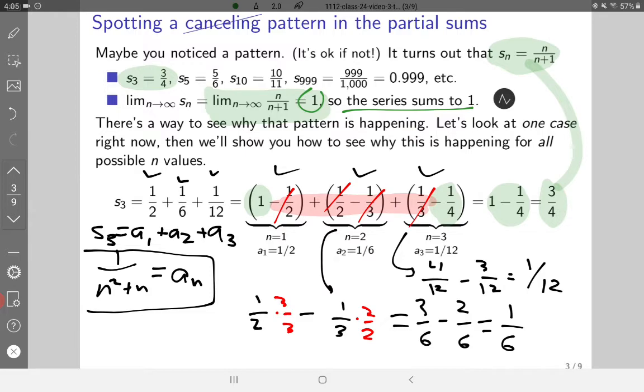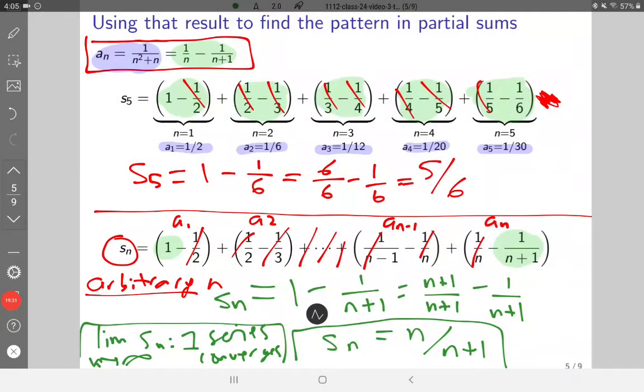It converges to 1. And that would be our conclusion for this example of this telescoping series.